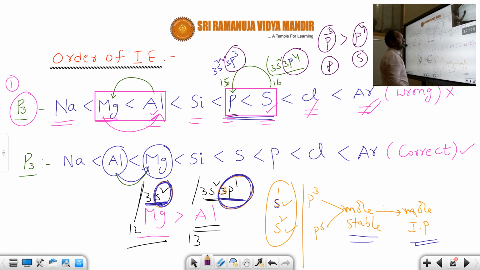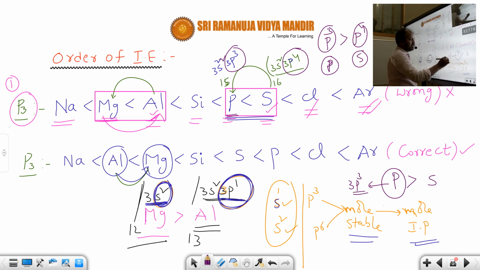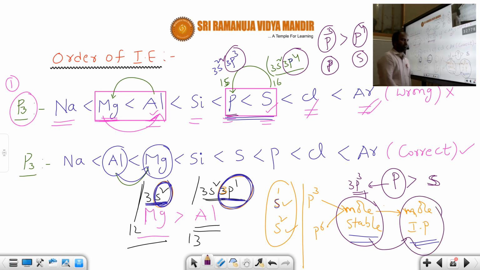Whenever p3 is there, p is half filled, which is more stable, with more ionization potential. So comparing phosphorus and sulfur, which has more ionization potential? Phosphorus has more ionization potential because in its valence shell it has a half filled structure with respect to the p orbital. Whenever it has a half filled structure, it is more stable. Whenever more stable, more ionization potential.